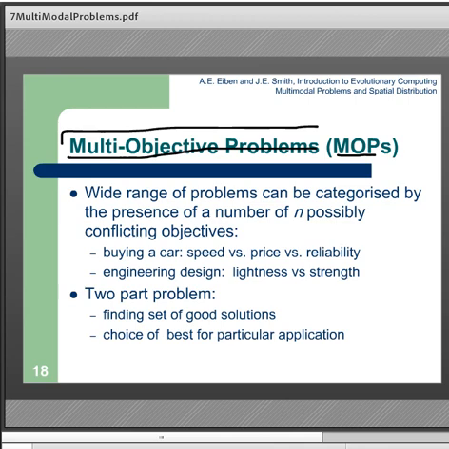This type of problem is used when, for example, you want to buy a car and you have some objectives or fitnesses, such as speed. You select a car with more speed, more reliability, or a smaller price. So we use the reverse of price as a fitness.